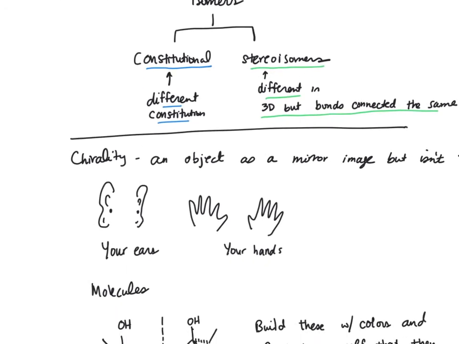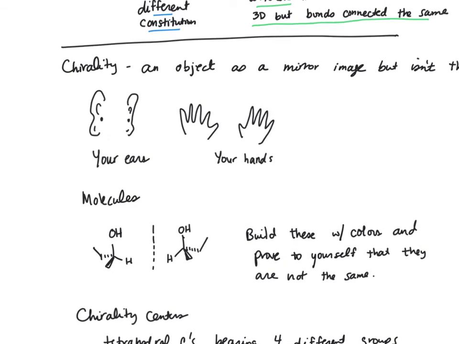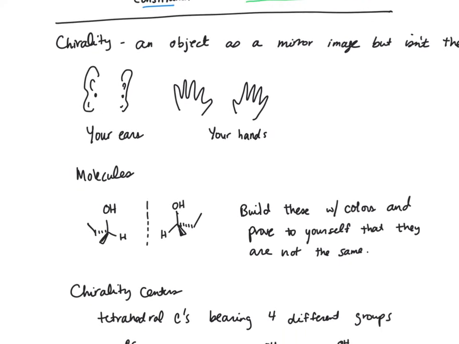Before we talk about isomers, let's talk about chirality. Chirality of an object is when you have a mirror image, but that mirror image isn't the same as itself. For example, if you think about your two ears, your ears are quite similar, but when you consider the symmetry between them, they're related by a mirror, which can be shown by this symbol sigma that's used to show that there's a mirror.